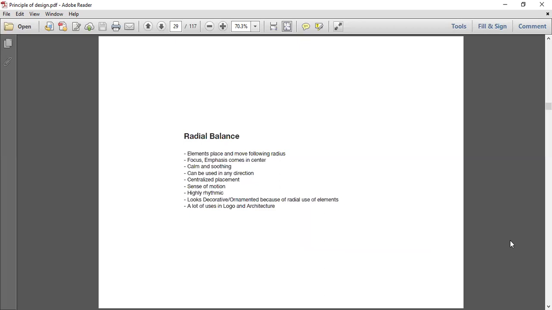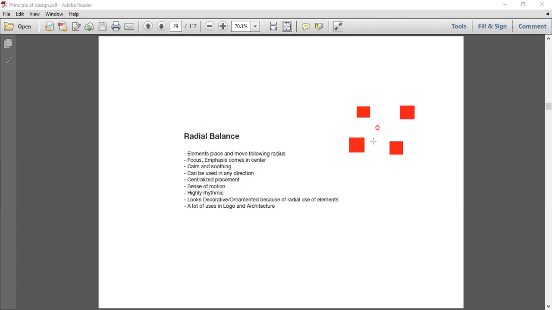In radial balance, for example, let's assume this is your central point. The whole set of structure, or everything that is created, will be based upon the radius of this central point, or the axes which are running through the central point.